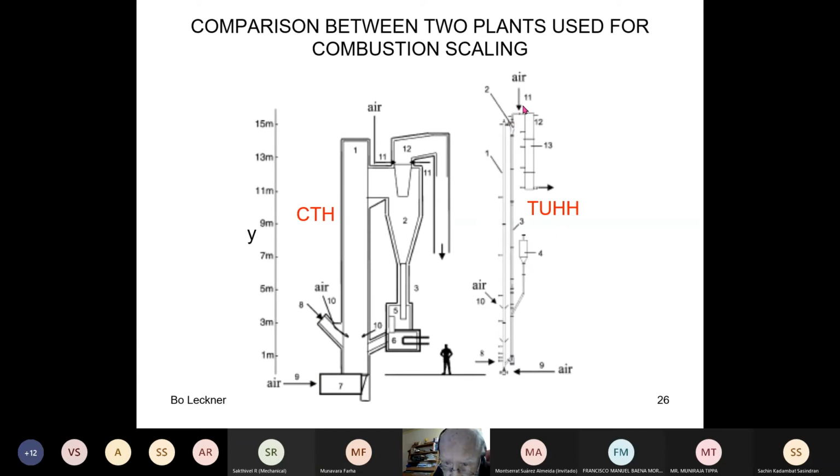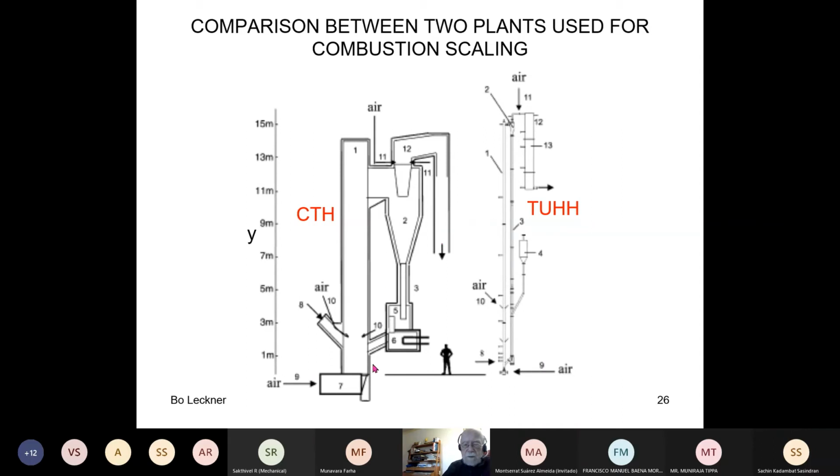After the cyclone, there is this combustion chamber, a kind of reaction chamber, so it is an outlet where reactions can also take place before gas concentrations are measured in the outlet. Here the gas concentrations are also measured somewhere in the outlet.